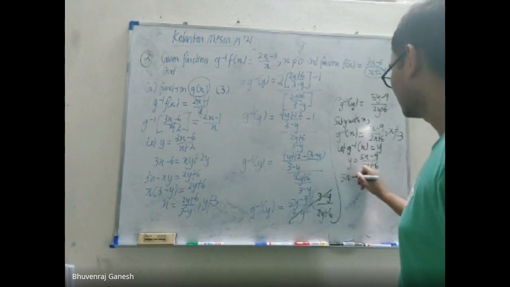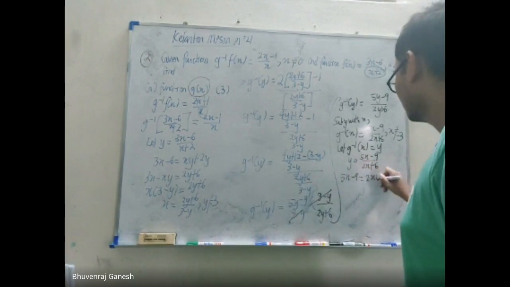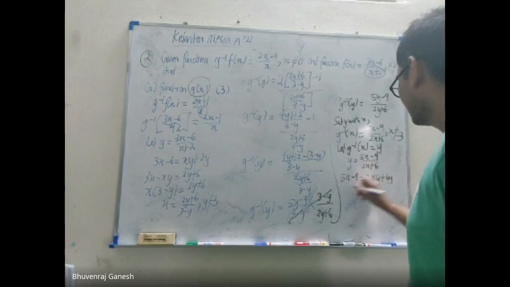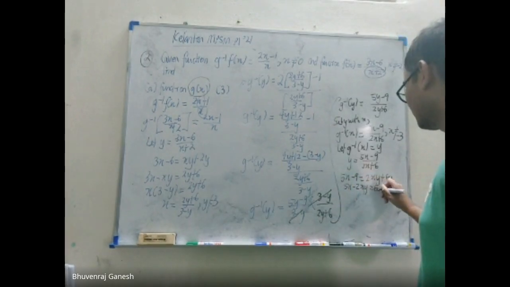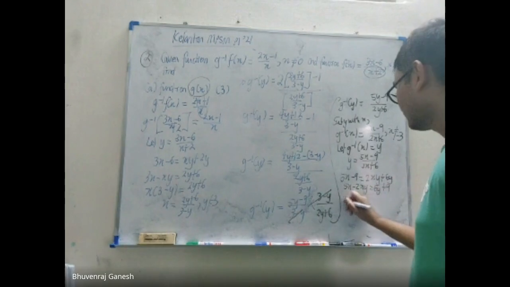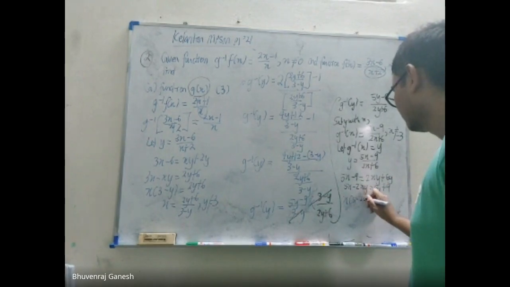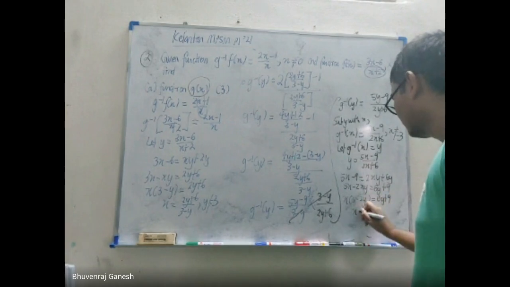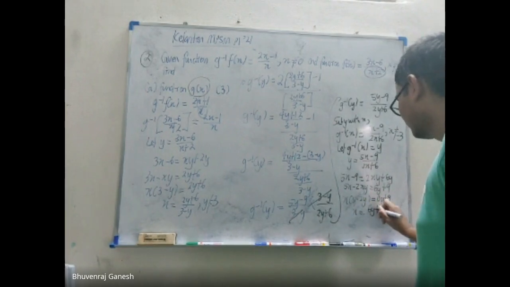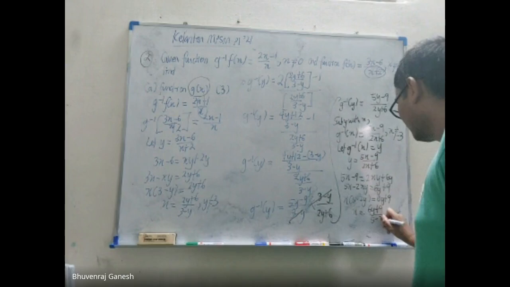So 5x minus 9 is 2xy plus 6y. So 5x minus 2xy is 6y plus 9. We factorize the x, shift the y over there, and that's your answer actually. So you can put the condition again.